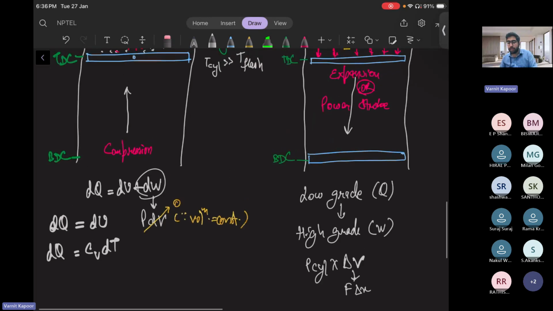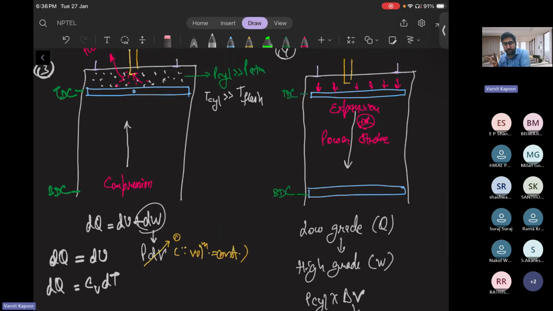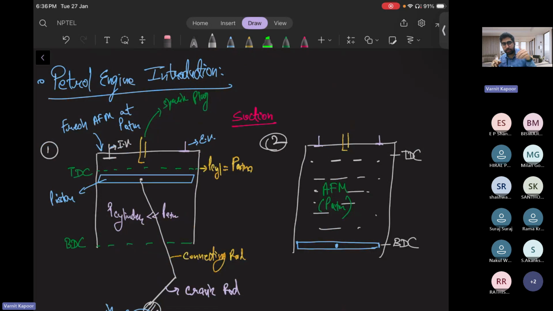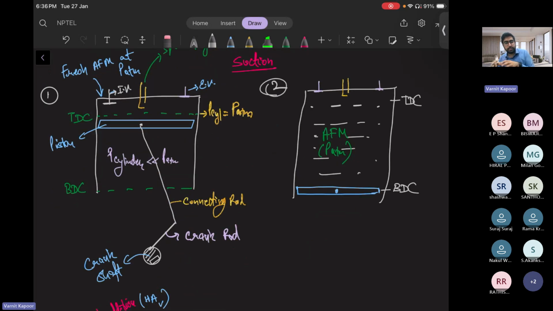So we are done with the compression stroke and the expansion stroke. What we have done so far is that we sucked in the air fuel mixture. Initially, the cylinder pressure was less than atmospheric, so because of the pressure difference the air fuel mixture came inside. The piston moved from top dead center to bottom dead center, and the whole cylinder had air fuel mixture at atmospheric pressure.